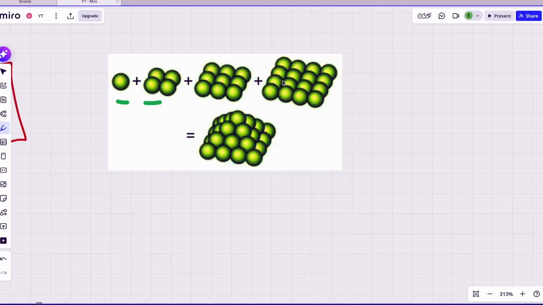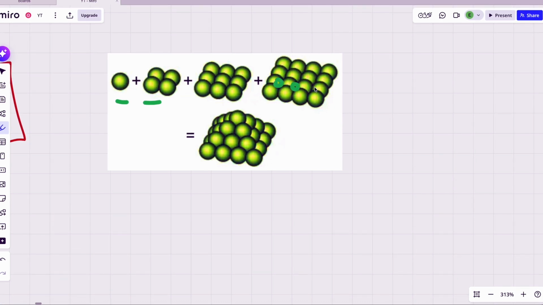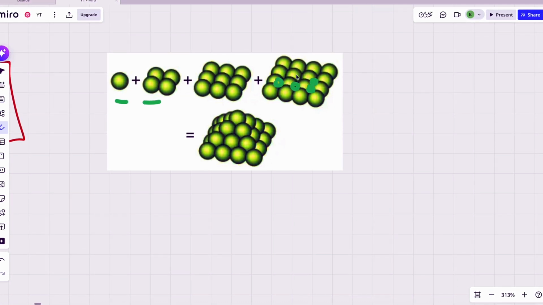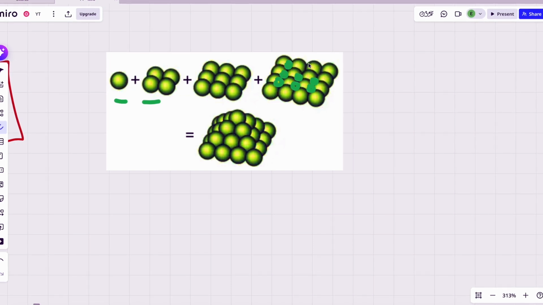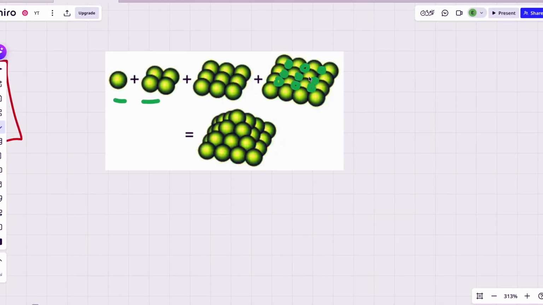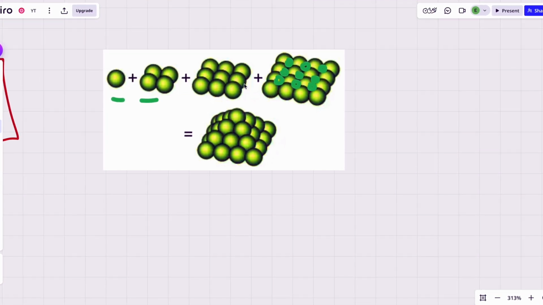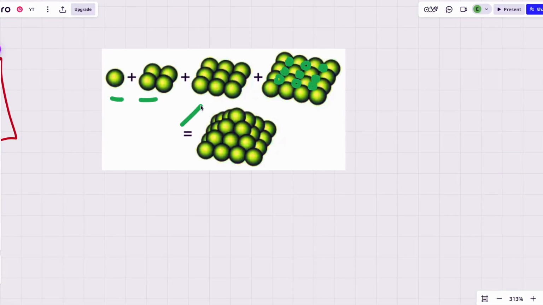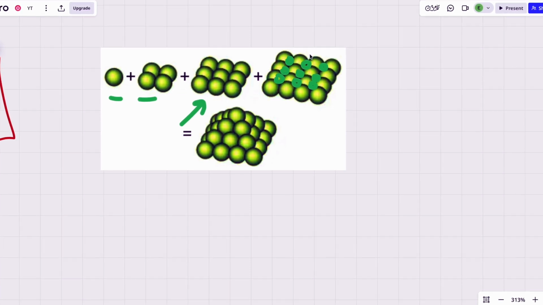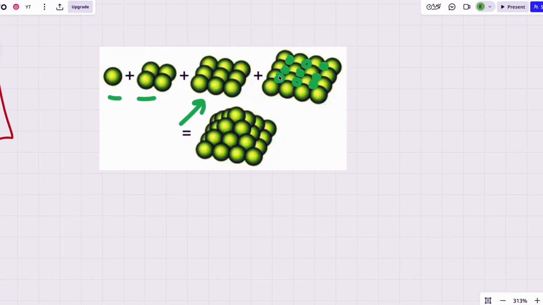So, I don't know if you can see, but there are exactly 9 of these small divots in the surface of the layer with 16 spheres, and you can see that these 9 spheres in the next layer will perfectly fit into those dips in the surface.